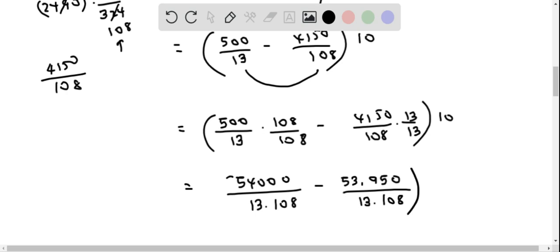We write this in this form so that we can simplify this later, and this multiplied by 10.